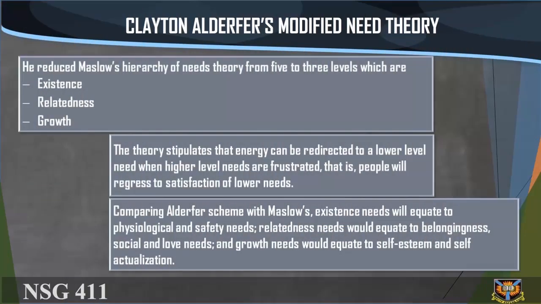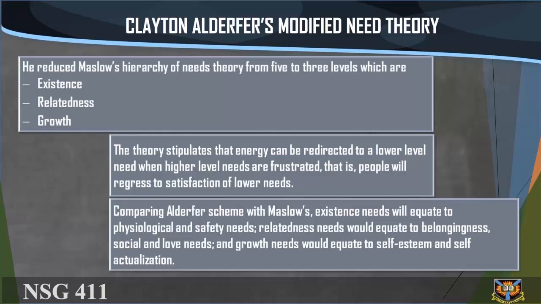Clayton Alderfer's modified need theory. He reduced Maslow's hierarchy of need theory from 5 to 3 levels, which are existence, relatedness, growth. The theory stipulates that energy can be redirected to a lower level need when higher level needs are frustrated.